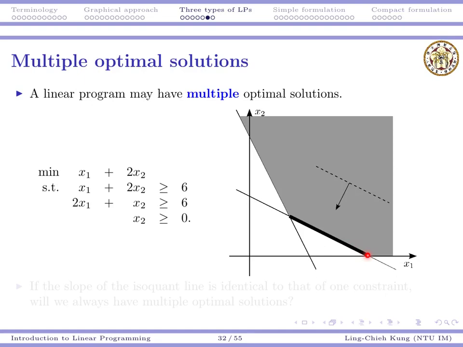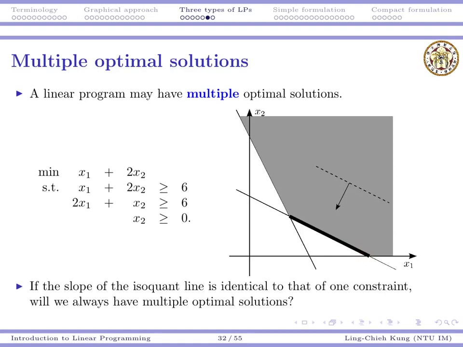But in that case, we only want to find one optimal solution, so we don't really care about how to find all of them. That's not really something important, right? When we are making decisions, to make products or to decide routes or to decide what to buy, we only want to execute one plan, and that's why we only want to find one optimal solution.